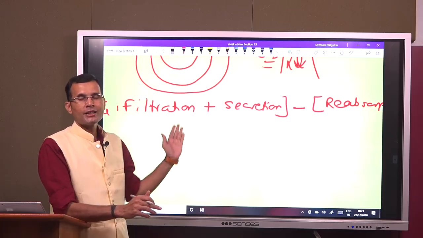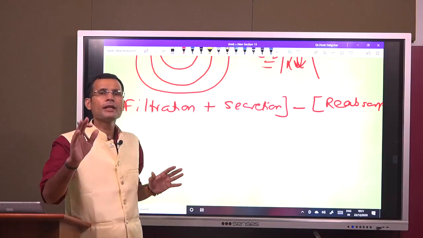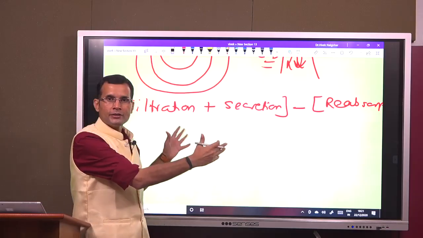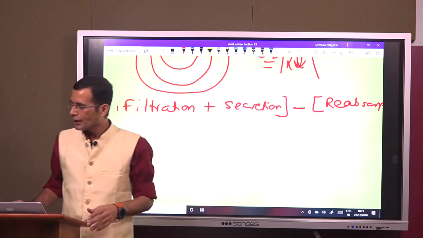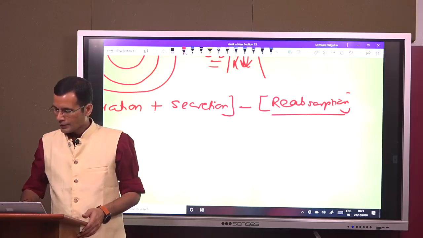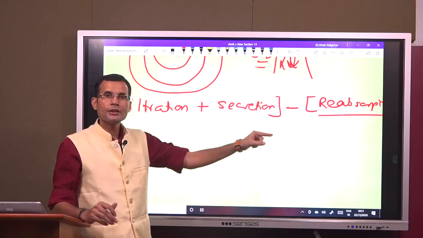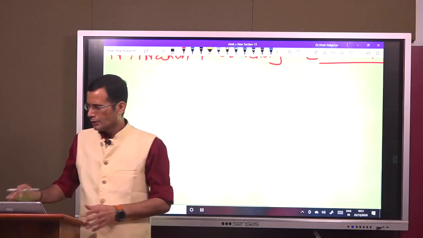The filtration and the secretion, these two processes are basically to eliminate the substances into the urine. So it is taken into one bracket, minus the substances that were reabsorbed. I mean, that's not coming into the urine, that is taken back into the blood. This is how urine formation takes place by these three steps or processes. And that was the most basic part.